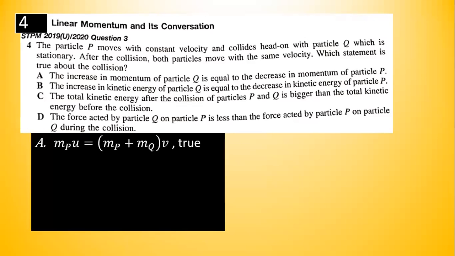First, you are told the increase in momentum of Q is equal to the decrease in momentum of P. One must increase, one must decrease, so that the total momentum stays the same as the initial momentum.